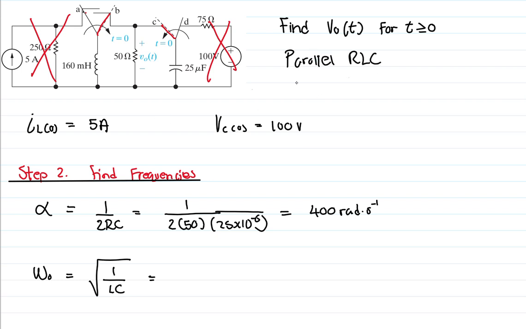So when we are working with parallel RLC, we use this equation for the Neper frequency. We use 1 over 2RC, and when we are working with a series circuit, it's a different equation, which we'll look at in our next example. So for now, let's just focus on this one.